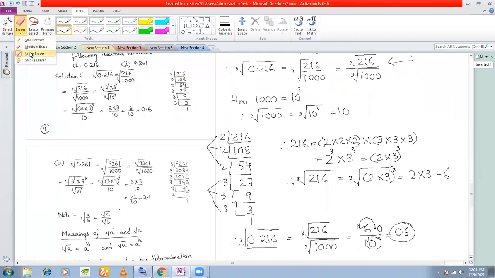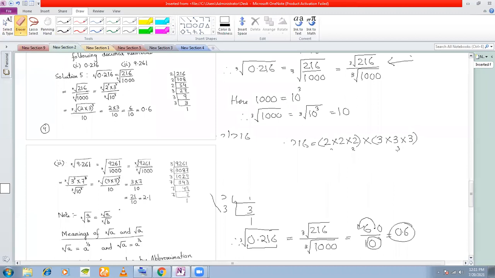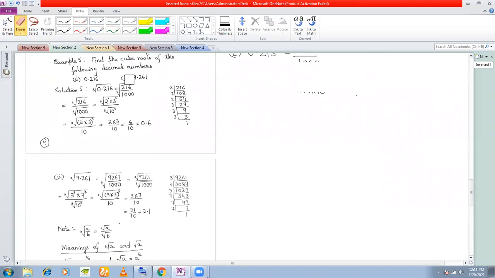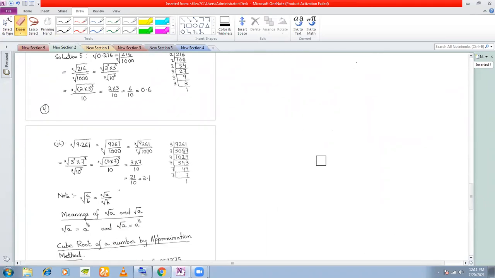So moving on to the next problem. Find the cube root of, we are required to find out the cube root of 9.261. Again, you convert this to a fraction. Cube root of 9,261, because you are shifting 3 decimal places to the right, you divide by 1000, right?